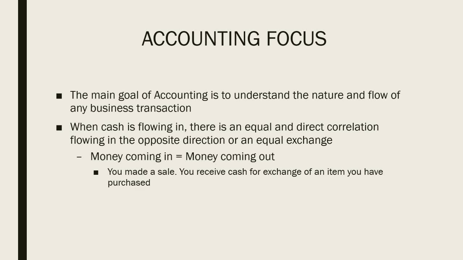So here are a few things you're expected to know as part of the accounting background for QuickBooks. First, understanding the flow of a transaction, especially when you make a sale. How do you see the cash flowing into the company and flowing out of the company? For example, if you made a sale, then you increased your income, you generated income, but you had to get paid for it.